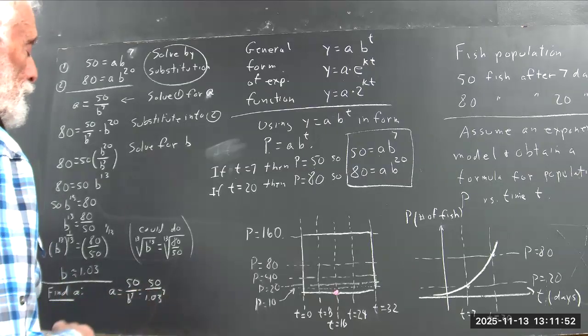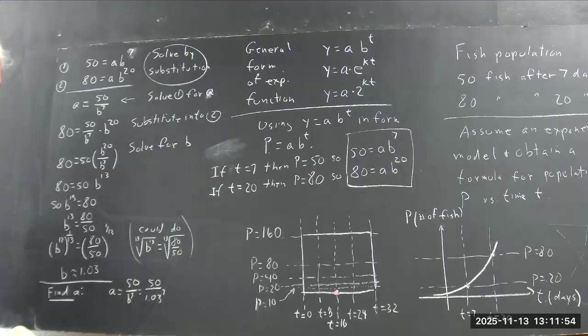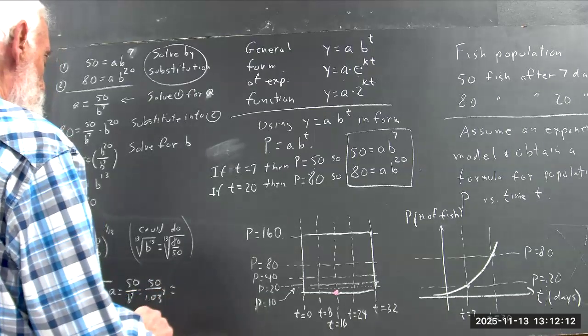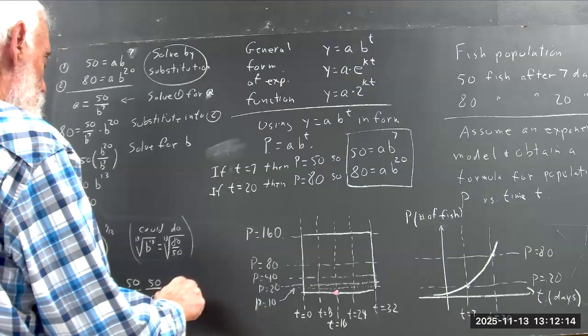And let's see, 1.06 would be the second power. So about 1.12, but maybe a little more would be the fourth power. And multiply that by 1.06, probably get about 1.2, and then 1.03 times that probably gives maybe 40.